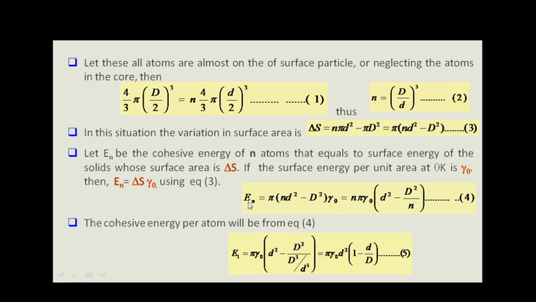So that means energy per atom, and therefore I can write it as E1, because it is the energy associated with one atom, and that would be given by equation number 5: pi gamma 0 small d square into bracket 1 minus small d upon capital D.